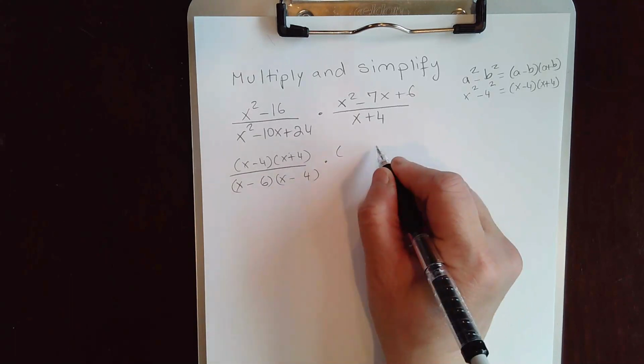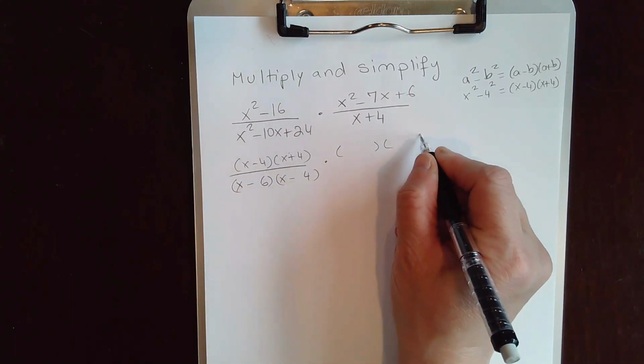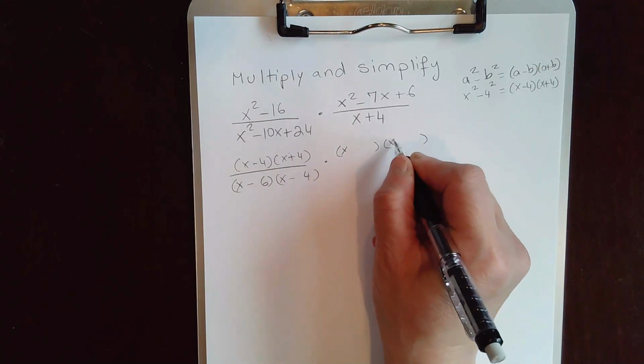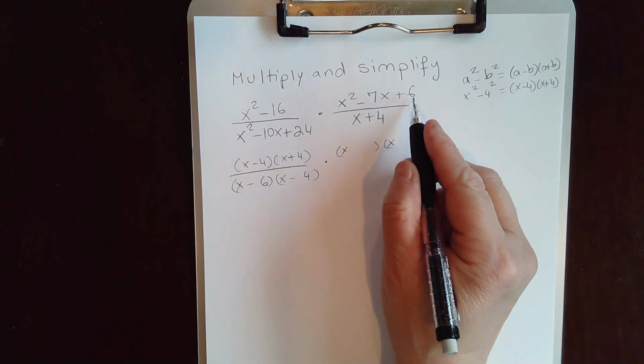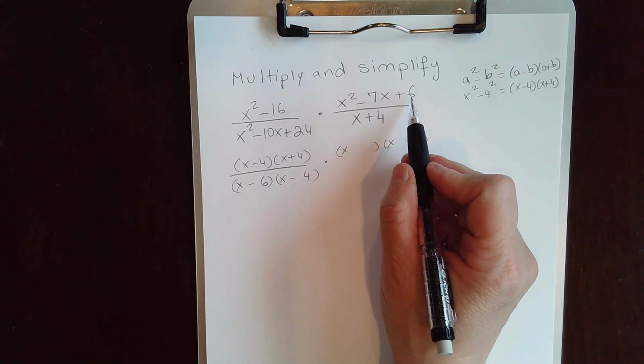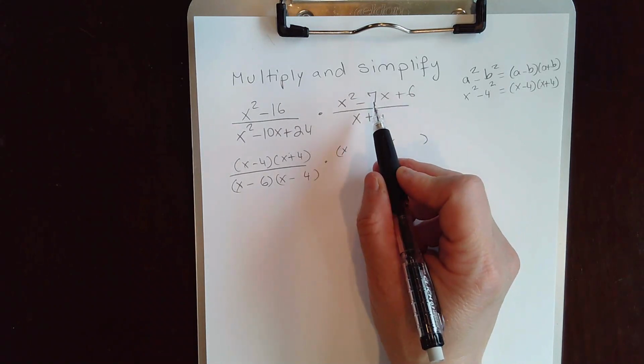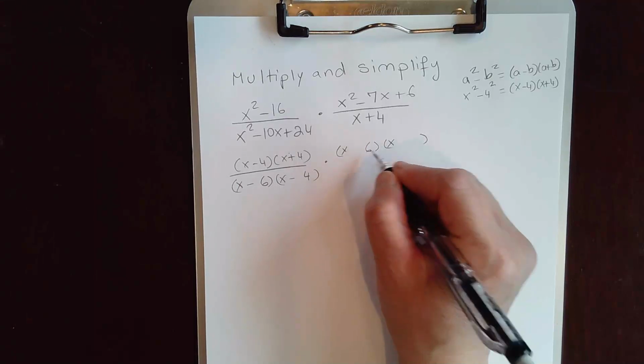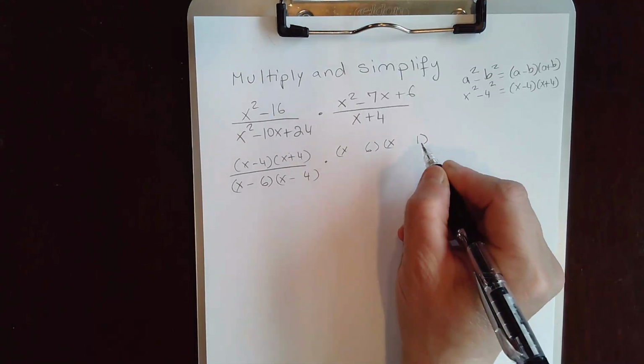So I have x squared minus 7x plus 6. Again, I have only x squared, so I have x here and x here. Two numbers whose product is positive 6 and whose sum is negative 7. The only thing we can think about is 6 times 1 is 6. 6 plus 1 is 7.